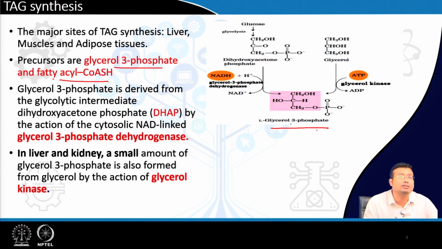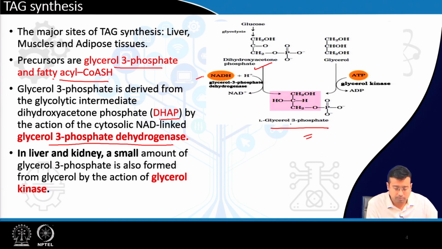Glycerol 3-phosphate can be obtained from dihydroxyacetone phosphate or DHAP by the action of the enzyme glycerol 3-phosphate dehydrogenase. Who is the reducing equivalent over here?